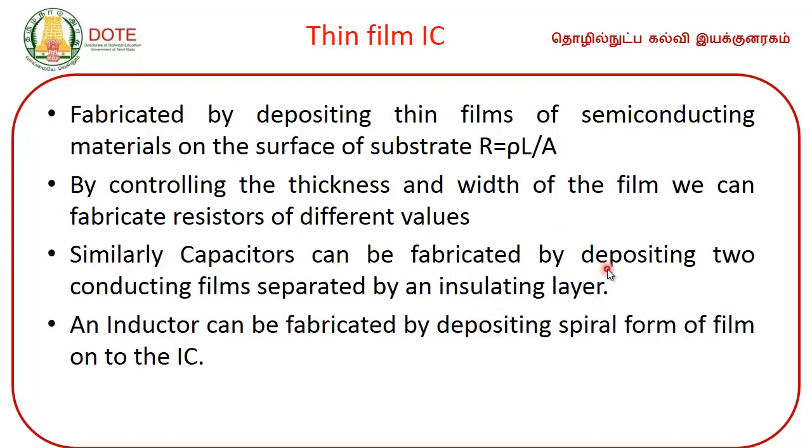Different value of capacitance would be obtained by varying the thickness of the conduction film or the distance between the two conducting film, or the width of the insulation layer. So, this way you could fabricate different value of capacitors in thin film technology.